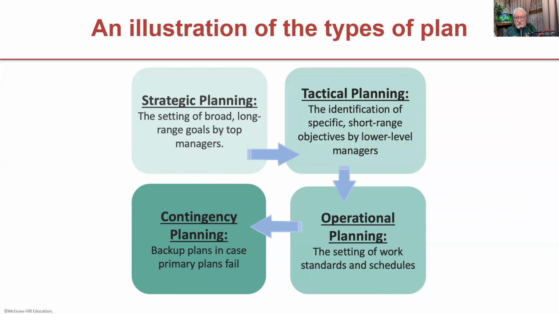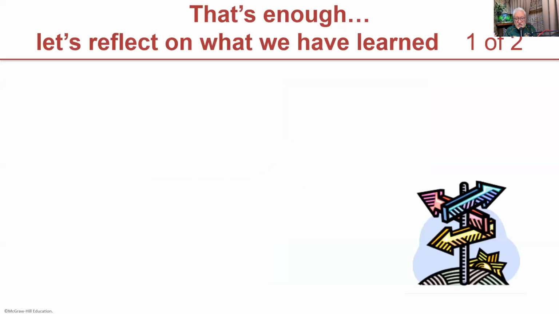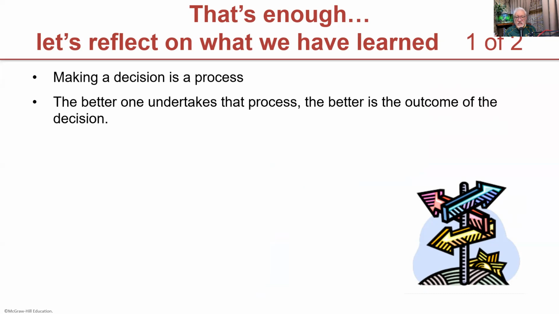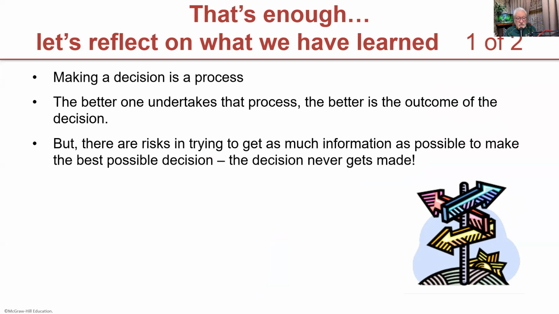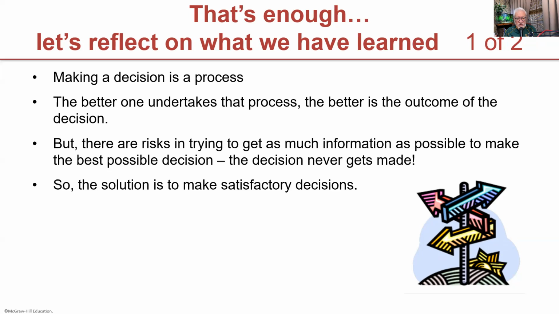So if we are to reflect on that, because I think that's enough, what we've done is this. We understand decisions to be a process. We understand that if you do that process well, then you're probably going to generate better decisions. And in addition to that, you make the decision in a timely way, because waiting for perfect information is going to give rise to impossible outcomes.